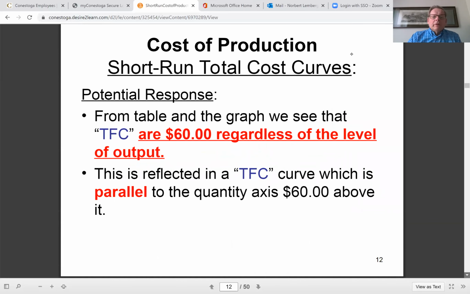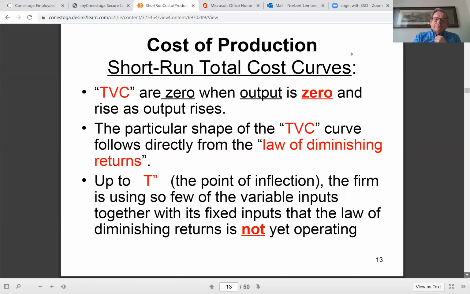From the table and the graph, we see that your total fixed costs are $60 regardless of the level of output. If you produce 0 units of output, your total fixed costs are still $60. If you produce 100 units, your total fixed costs are still $60. This is reflected in your total fixed cost curve, which is parallel to the quantity axis, or the x-axis, $60 above it.